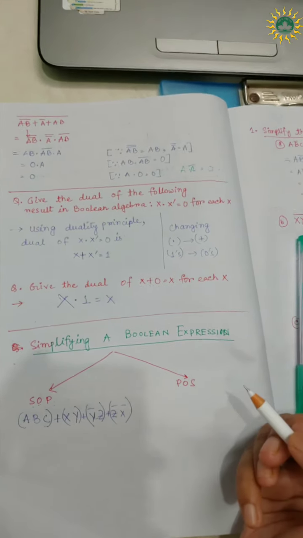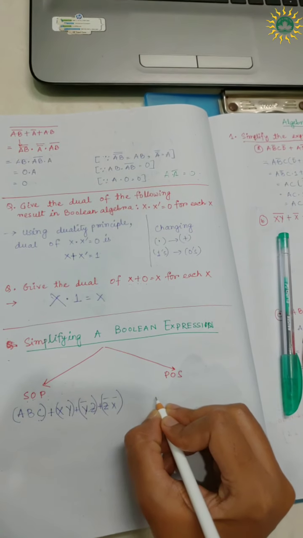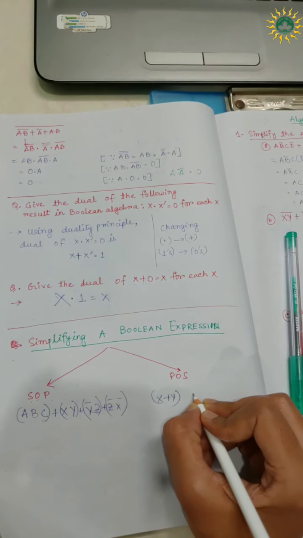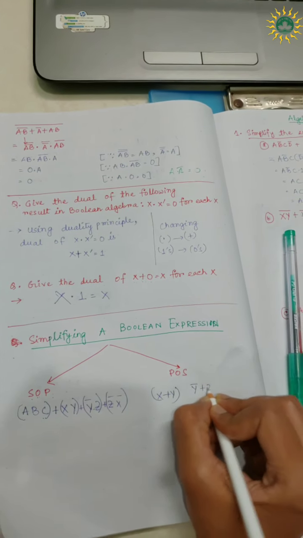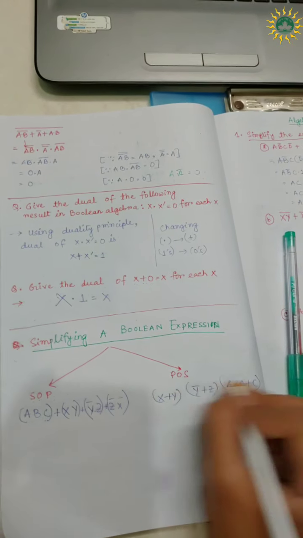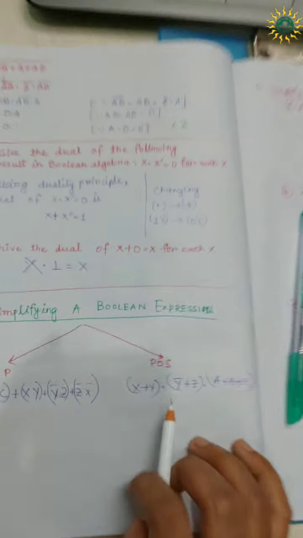In the case of POS, we will have a few sums together, like x plus y. This is a sum. Y bar plus z, A plus B plus C. So these are the sums, and we are going to product them together. Understood?